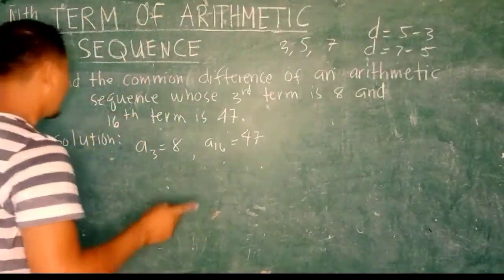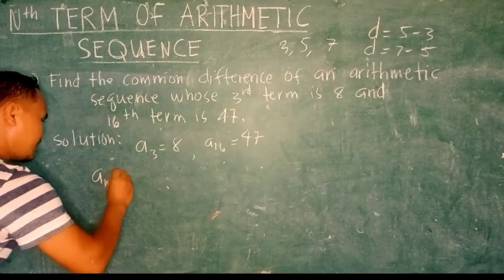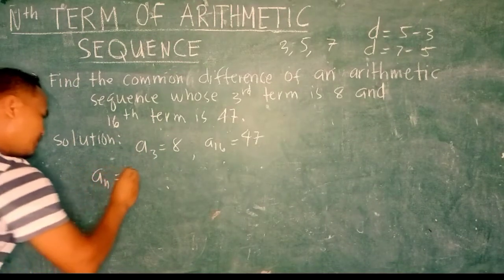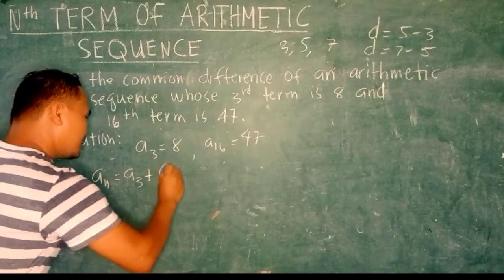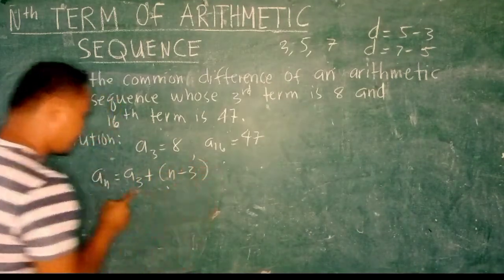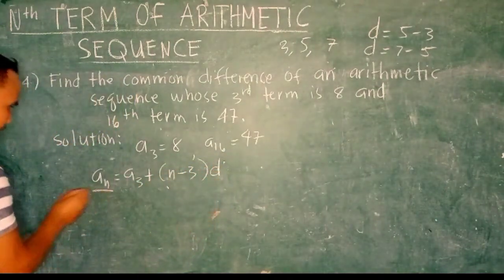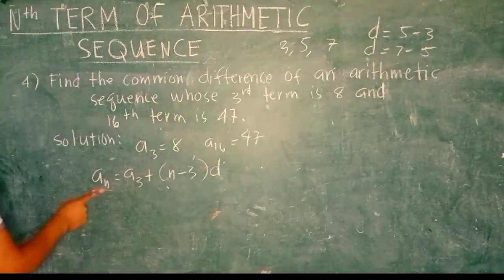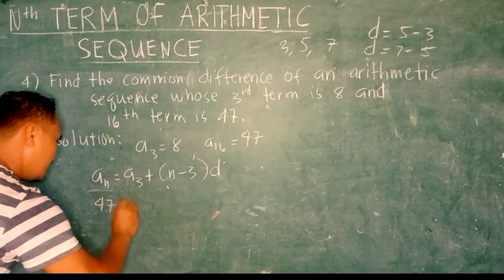First, we change the formula from A sub 1 to A sub 3, plus n minus 3, because we are using A sub 3, times D. So here, A sub n is our last term, so A sub n is A sub 16. That's 47 equals.